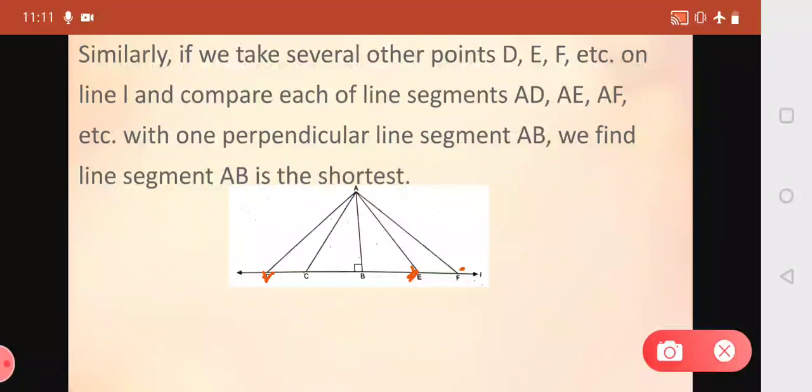You can see now when we join this outer point A with different points on line L, that is we will get AD, AE, AF, similar other points.